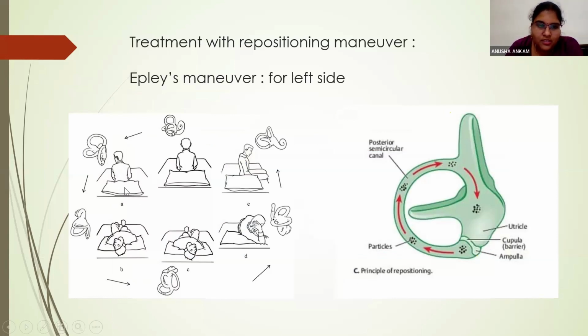Throughout that maneuver, we are moving the particles from the canal into the utricle. Each step, we are moving slowly, step by step, from here to here, and lastly to the utricle.